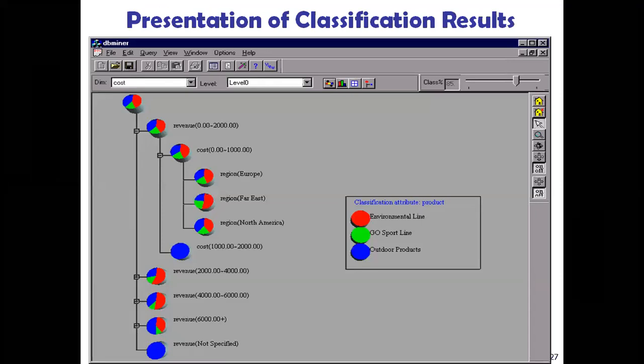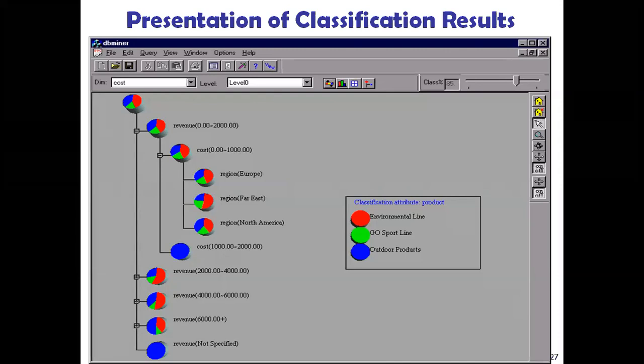See this presentation of the classification results. Classification results mainly represent the classification attribute and product. Red represents the environmental line. Green represents the general sport line. Blue represents the outdoor products. The revenue is 0 to 1000.